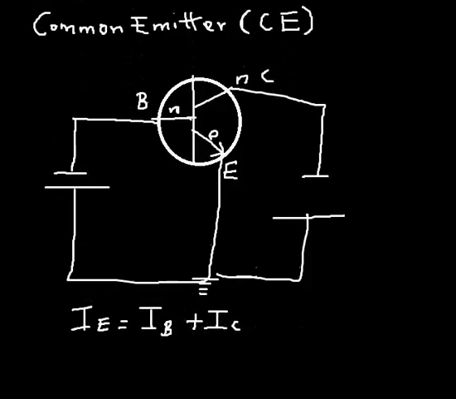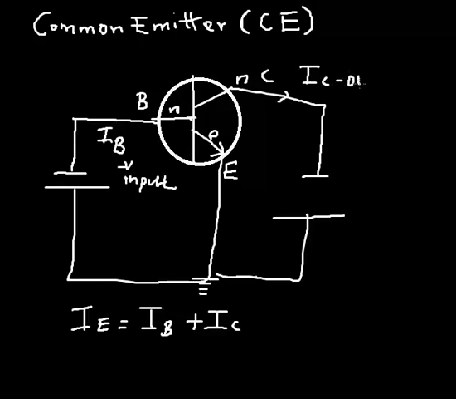Here lies my base current. My base current is the input. That's where I'm taking my input, while the collector current, IC, is going to be my output.